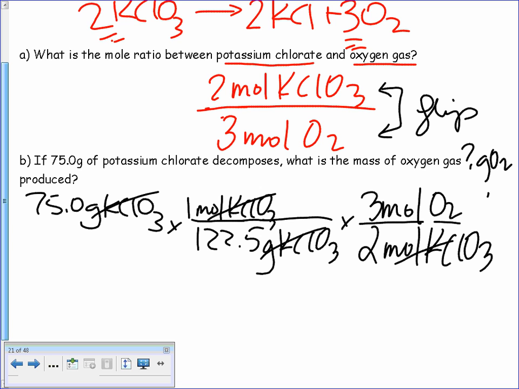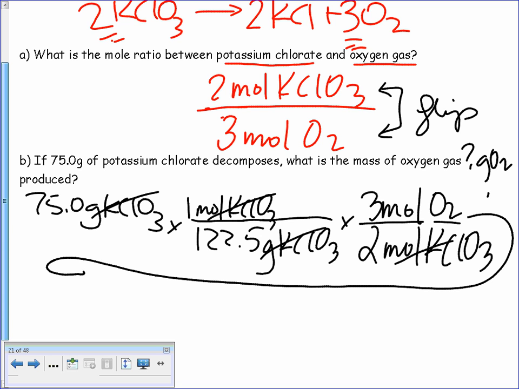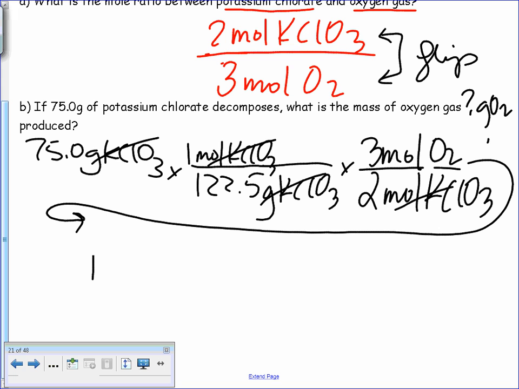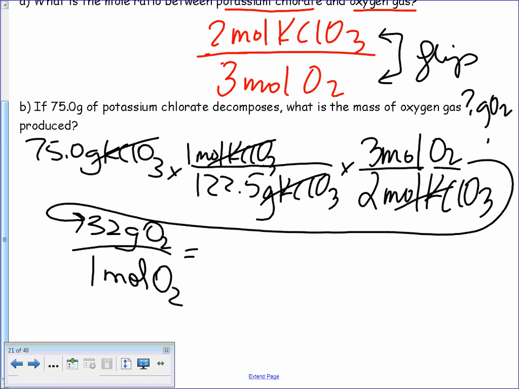Then I go back to grams, right? So I hear you telling me to do what? 1 mole on top. 1 mole of what on bottom? O2 weighs 32. How do you know that? Because 16 times 2 is 32. So smart, people. Okay, grams of oxygen. Calculate.